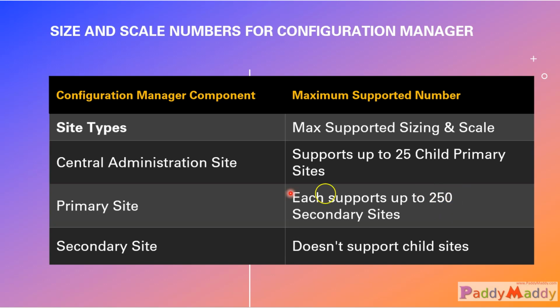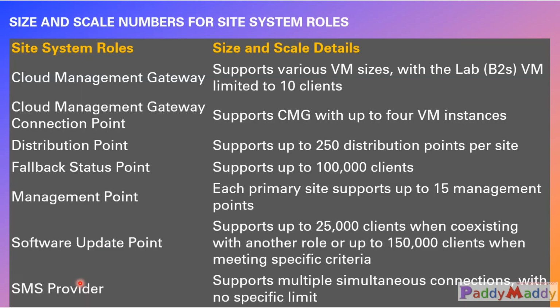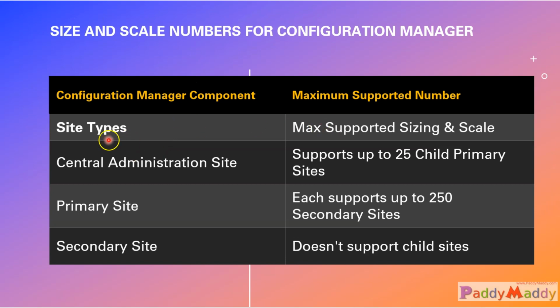Now, when we look at the secondary site itself, it doesn't have any child sites, so it's not going to support any. But you might have to consider the number of clients that it's going to support. I'm going to cover that in a minute. For now, let's think about these sites: the CAS site, primary site and secondary site have site roles, right?